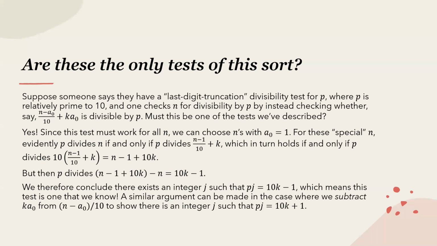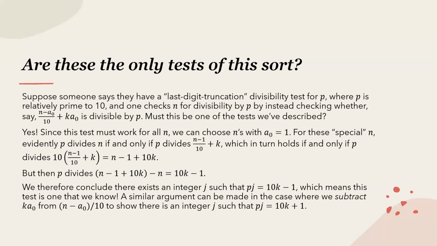So P divides that if and only if P divides that thing right there, which, because P is relatively prime to 10, I can multiply that thing by 10 all day long and not worry about messing anything up. So that will happen if and only if P divides this guy, which if you multiply through by 10, you get n minus 1 plus 10k. So this person's test is apparently equivalent to P dividing n minus 1 plus 10k.